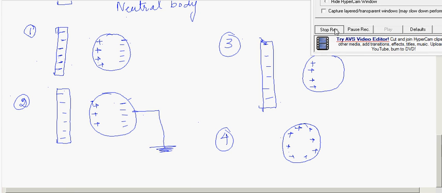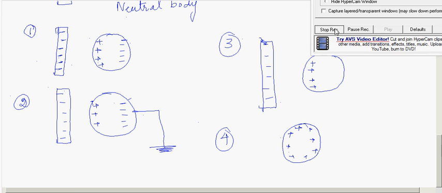So all the positive charge will come this side and negative charge will go on the other side. The charged body attracts opposite charges and repels similar charges. So this is the first step: you bring the neutral body nearer to the charged body.